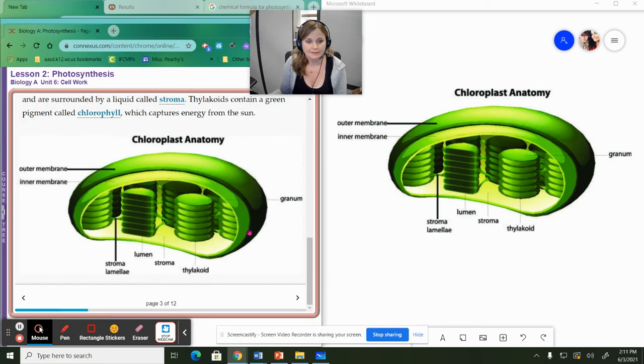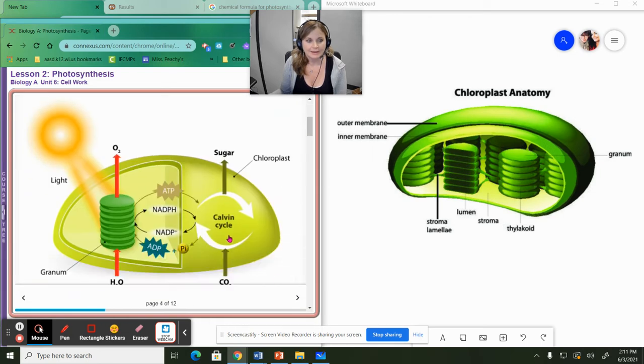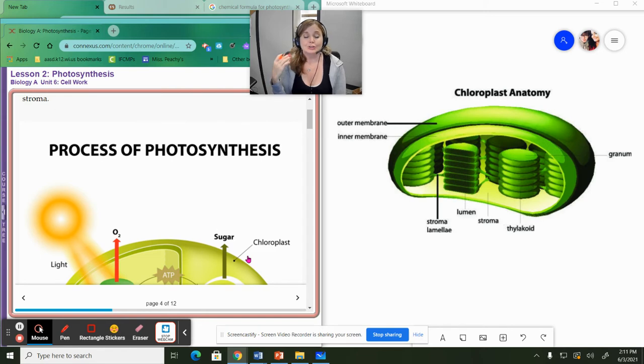And then we're going to look at 2 processes that happen. So we have what's known as the light reactions, or light-dependent reactions, and we have what are known as the light-independent reactions. The light reactions need light to happen.